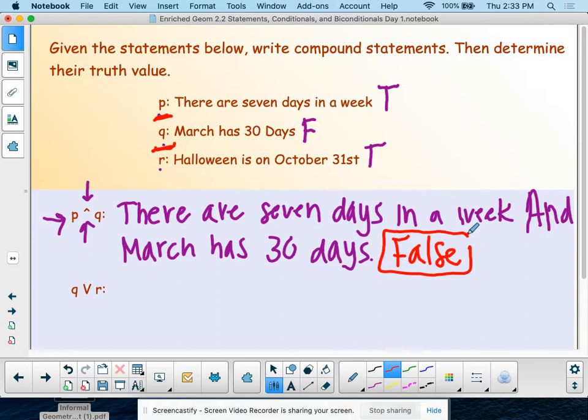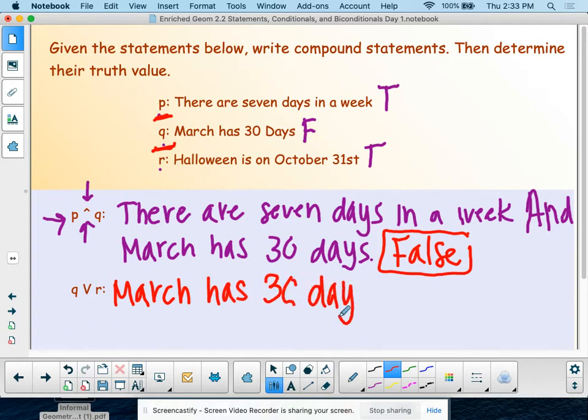Okay, we'll do one more. This time you want Q or R. So we're going to write Q out first. March has 30 days. Now we're going to combine it with the word or. Halloween is on October 31st.